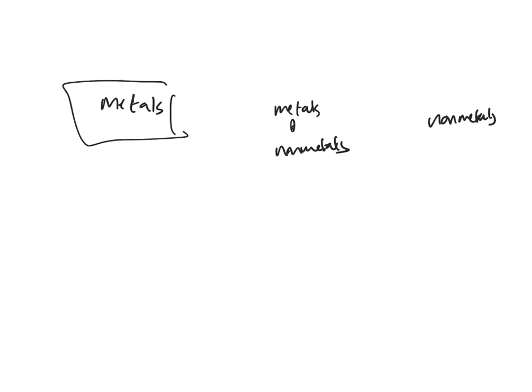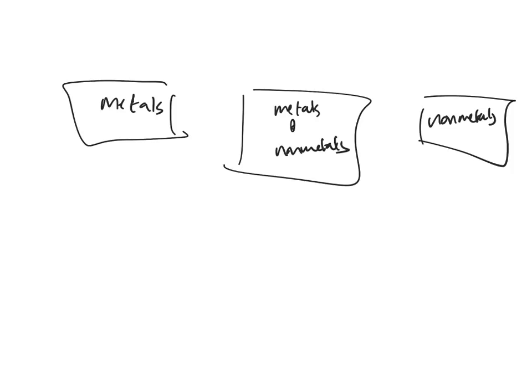So when we break it out by composition, and we look at things that are composed only of metals, things composed of metals and nonmetals, and things composed only of nonmetals, something has to be different about how these things are arranged to account for the differences in properties that we see, right?